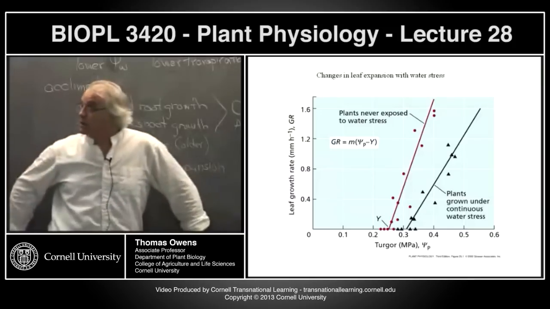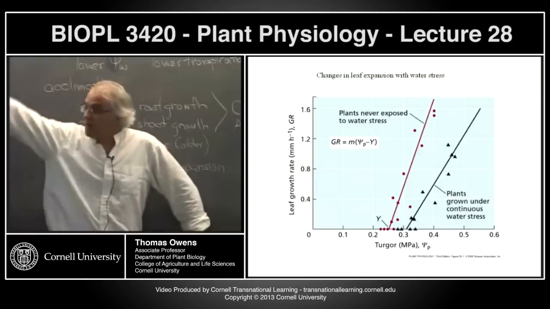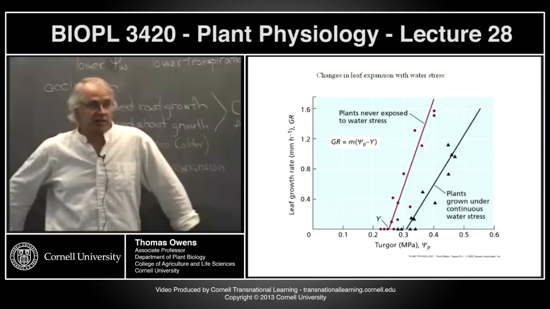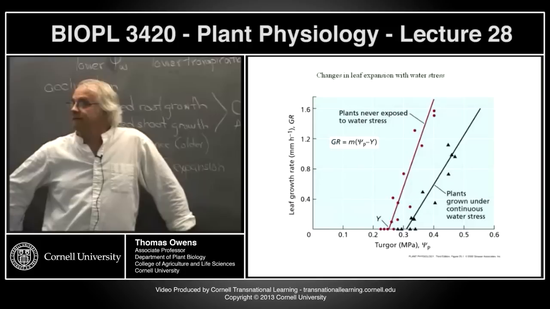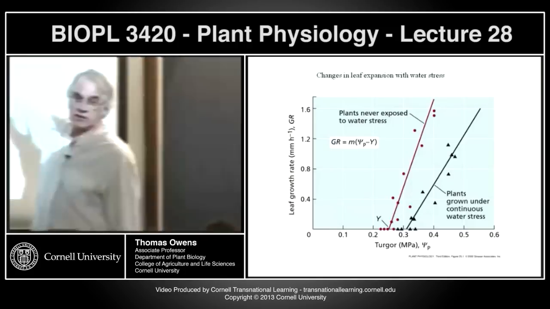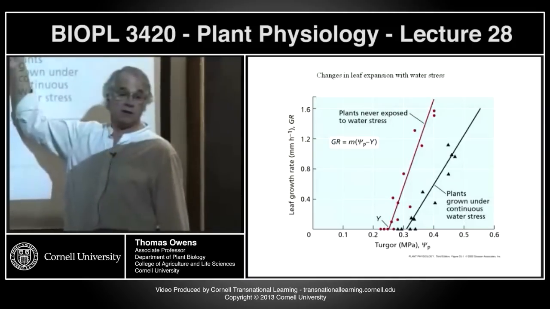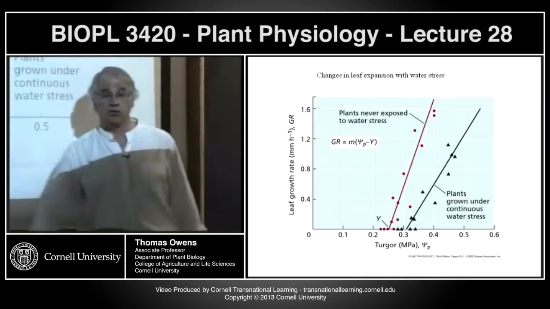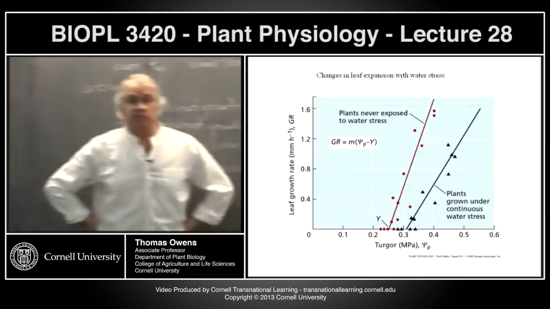What about the slopes of the line? What do those represent? That one you should be able to figure out. We've got turgor pressure on one axis and we've got growth on the other axis. You need a lot more turgor pressure to produce the same growth in lower stress plants. Yeah, so for a given change in the amount of leaf expansion, you need a bigger change in turgor pressure in the water stress plants than you do in the well-watered plants. Remember we called that wall extensibility?